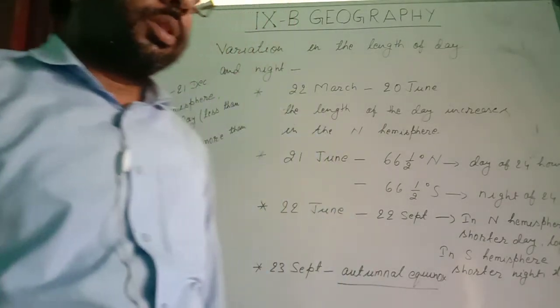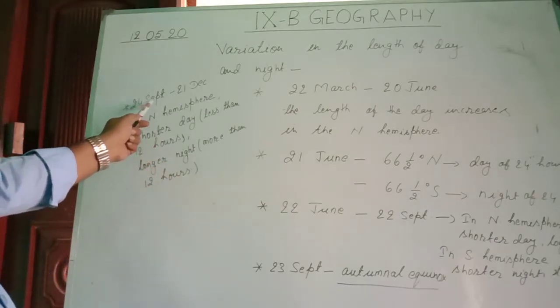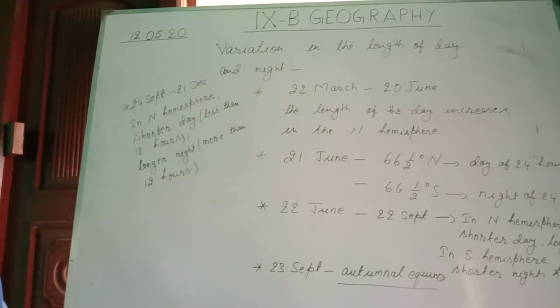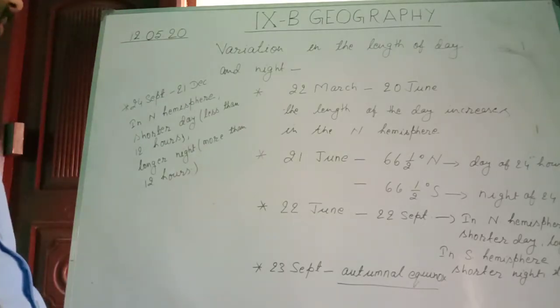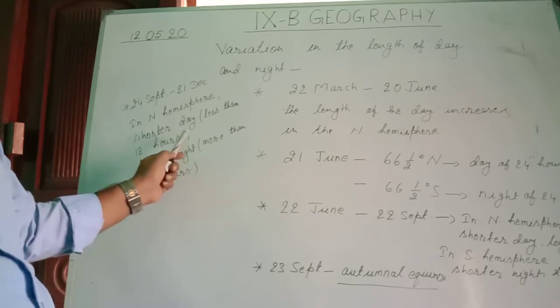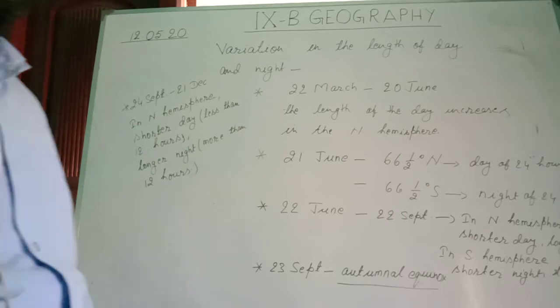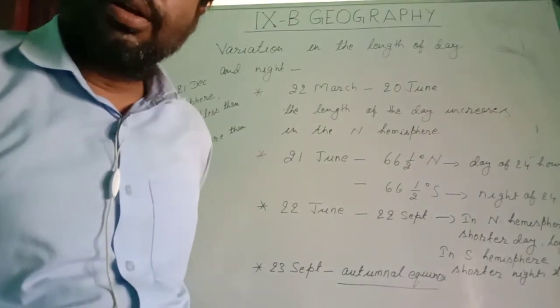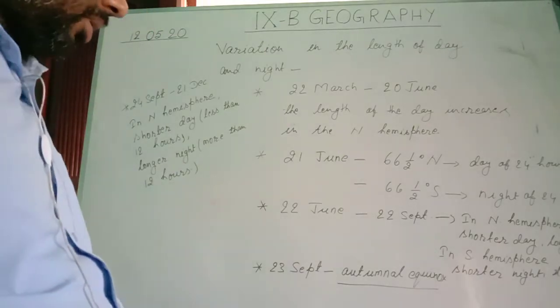Now we see the phenomenon between 24th September and 21st December. In the northern hemisphere the days are shorter, that is less than 12 hours, and nights are longer, that is more than 12 hours.